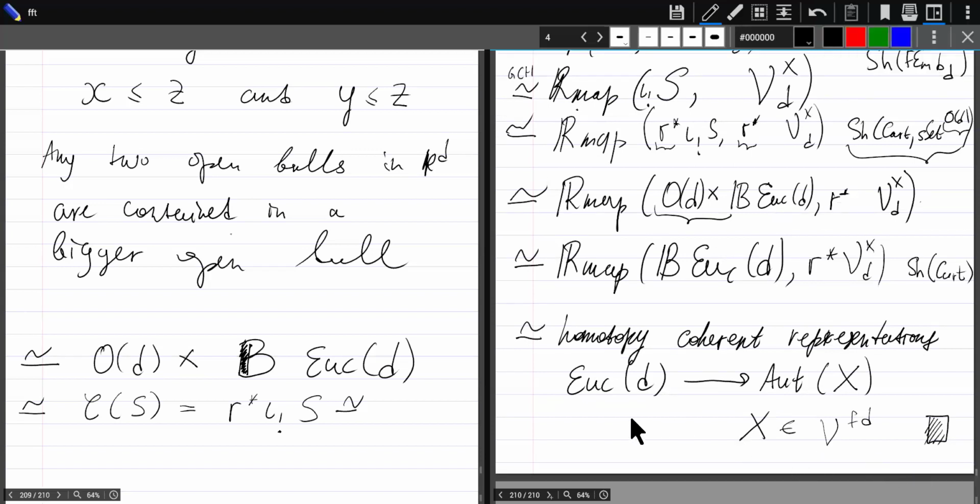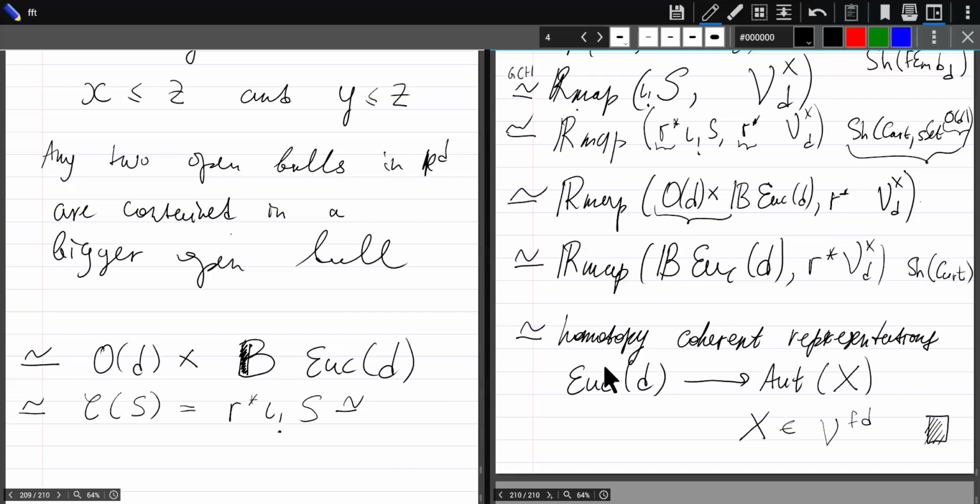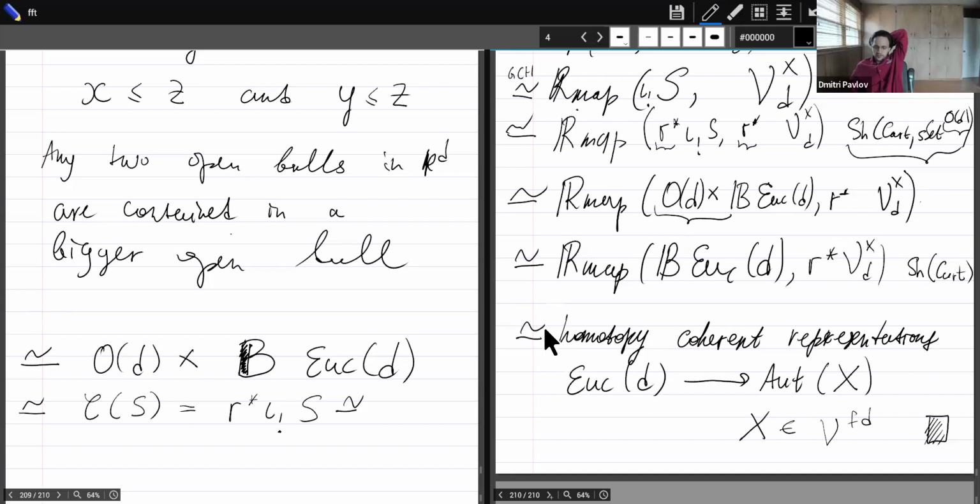We have a map, a weak equivalence with maps from... And what's the question? I have a question about this equivalence, the last equivalence. So what is a morphism? Well, there's a missing step, of course.